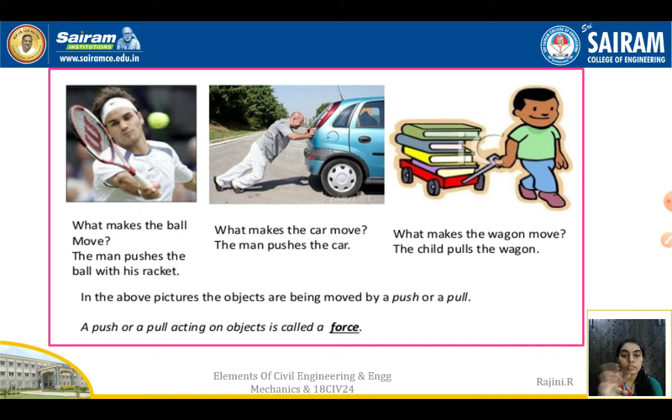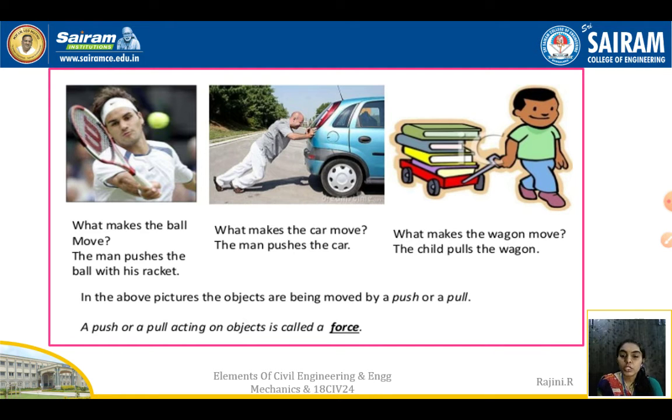There are two types, pulling and pushing, so we have to concentrate on that also. The second example, he is pushing the car, right? And the third one, what makes the wagon move? The child pulls the wagon, he is pulling the object, right? So the difference between pulling and pushing we have to know.